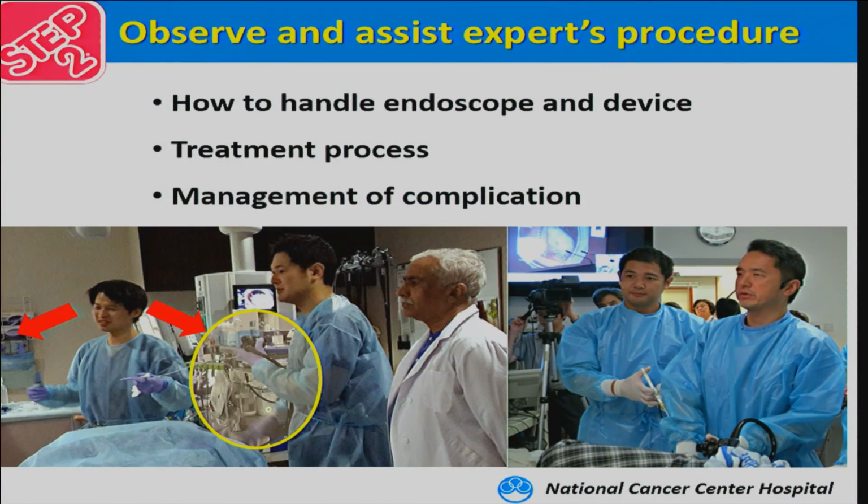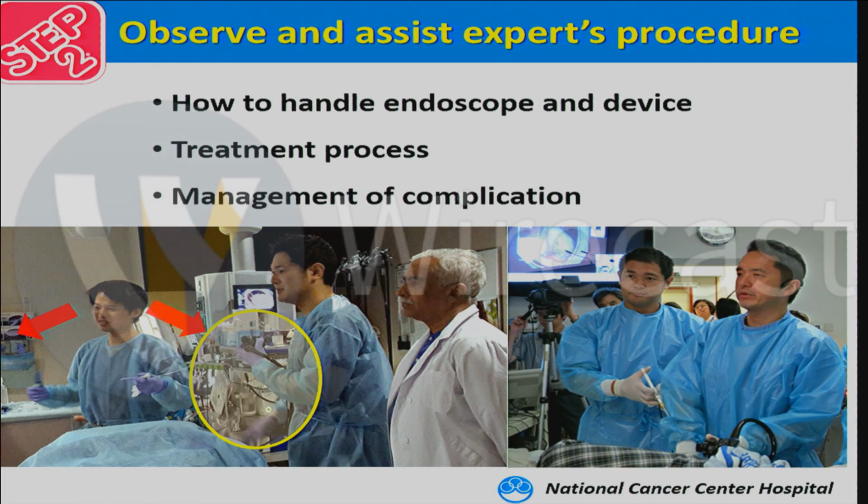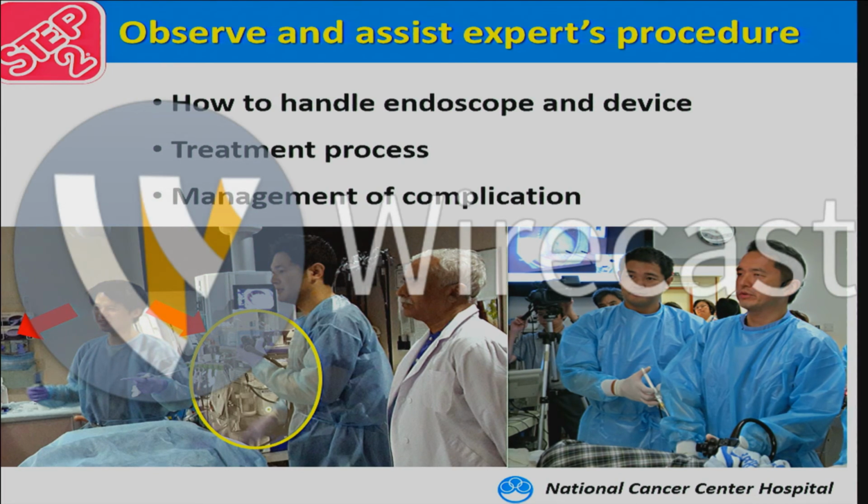And the second step is to observe and assist the expert procedure. I always ask a young resident to be next to me like this, and ask them to help my procedure as an assistant, as shown in this slide.